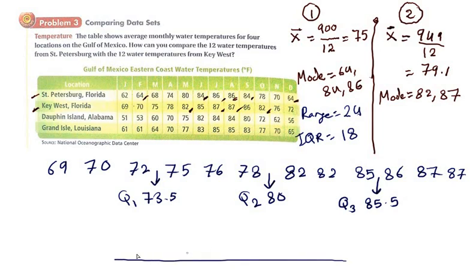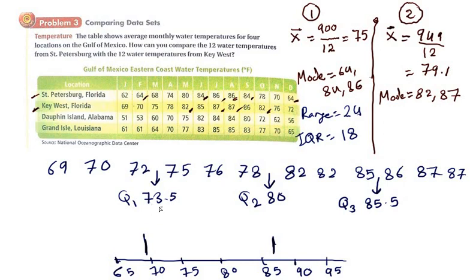Again, we construct the plot. You can start at 65 because the minimum is 69. 70, 75, 80, 85, 90, and 95. Actually, you can stop at 90 because the maximum is 87. 69 is almost here. 87 is here.